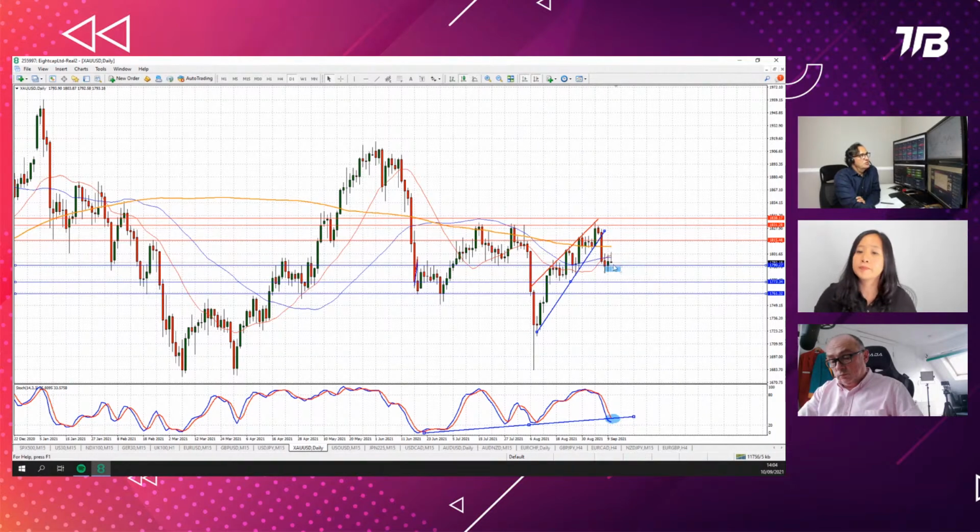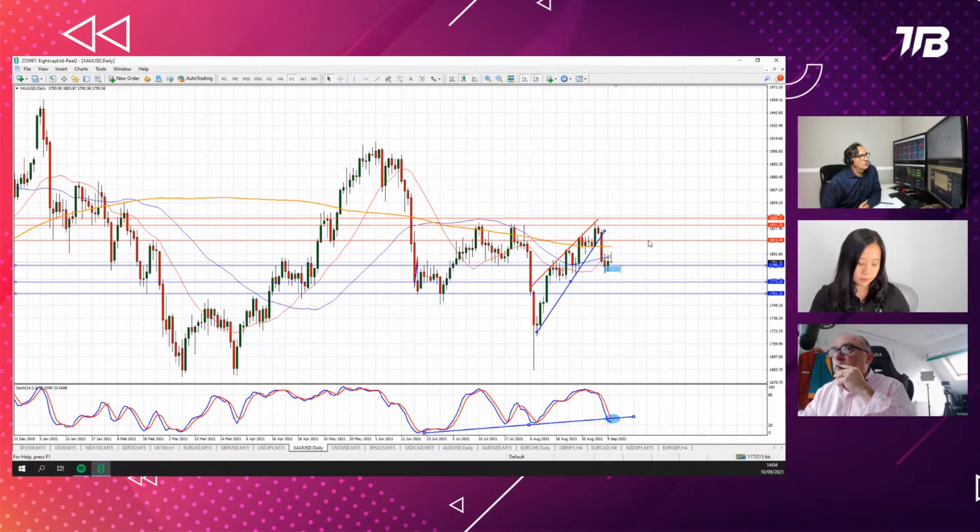I feel that price could go higher, potentially targeting 1821, 1834, 1844, 1850. So four targets, taking partial profits on each one of those, with a very, very tight stop. The stop would be at 1800.